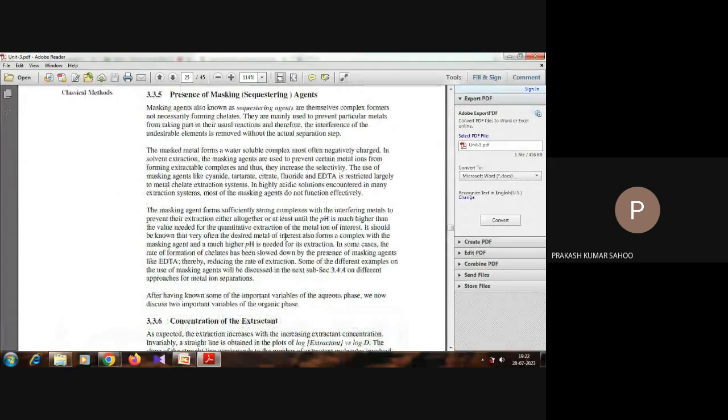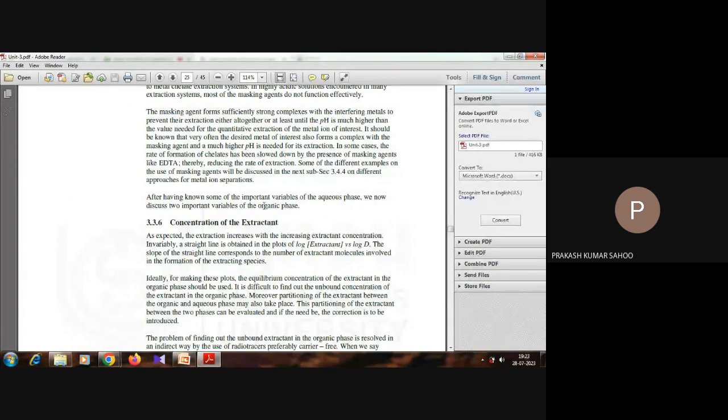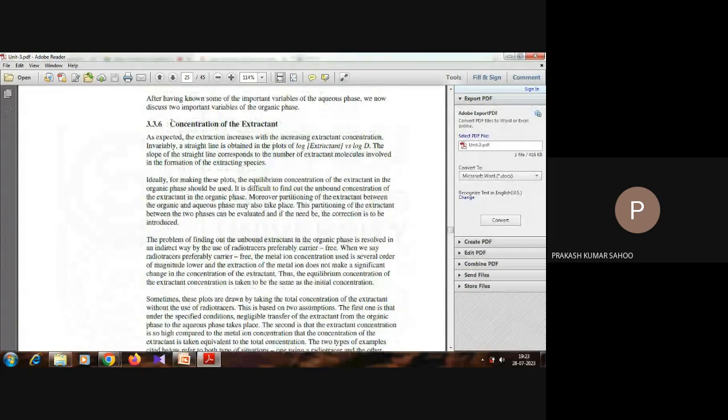Presence of masking agents like crown ether, then some extracts like chelating ligands. These are also masking agents which create a cage-like structure where the metal is entrapped and somehow separated. Okay.